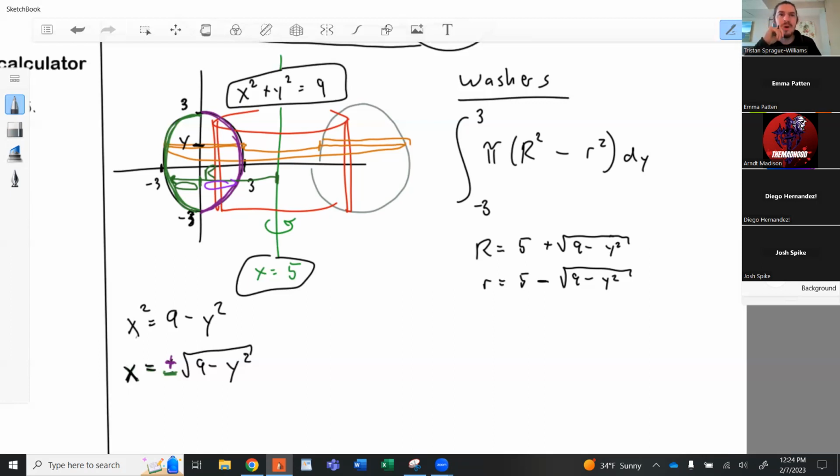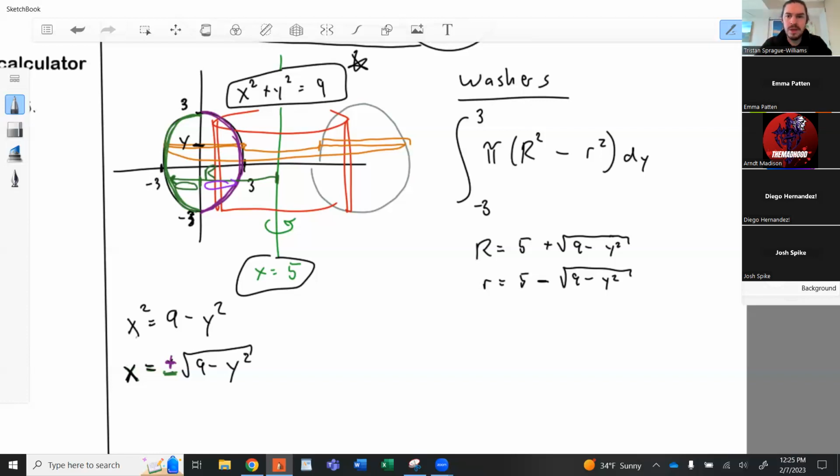So the square root of 9 minus y squared. I'm not sure what your question is, Ibrahim. Can you expand on that? The reason we're using the square root of 9 minus y squared is because we're working with this circle, which has the equation x squared plus y squared equals 9. But then we need to describe that circle using functions.